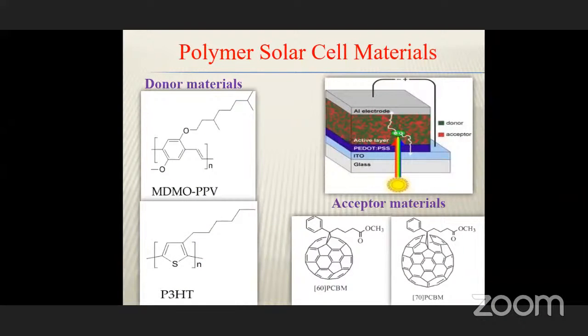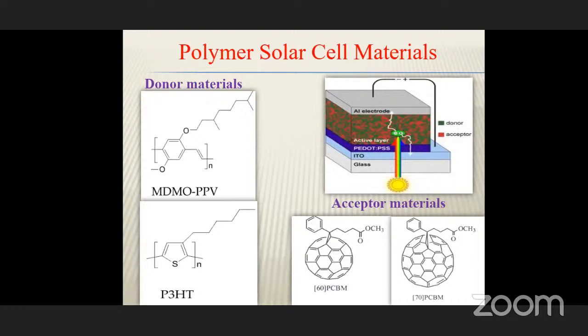These are the polymer solar cell materials that are used in the fabrication of polymer solar cells. A polymer solar cell is a semiconductor PN junction diode in which the active layer, that is the polymer blend of donor and acceptor material, is sandwiched between the electrodes, anode and cathode.